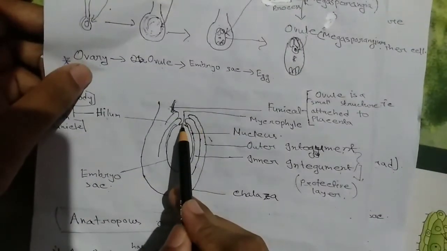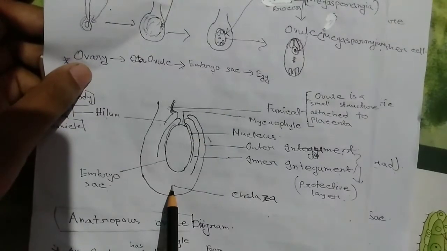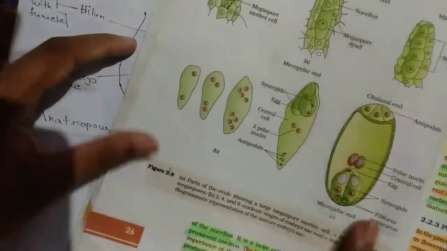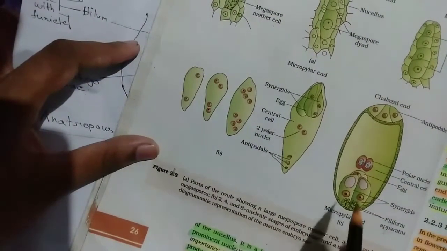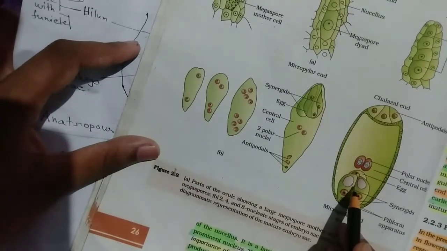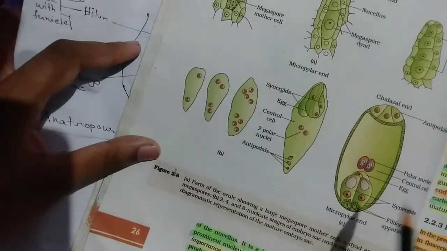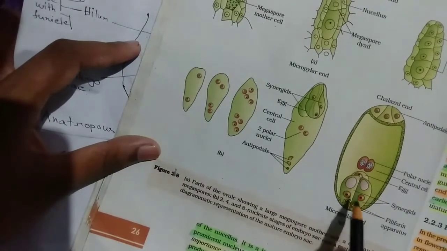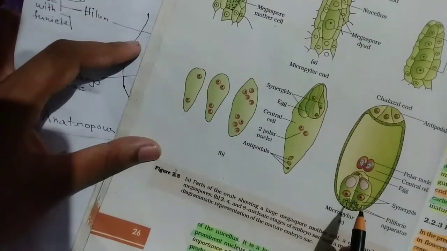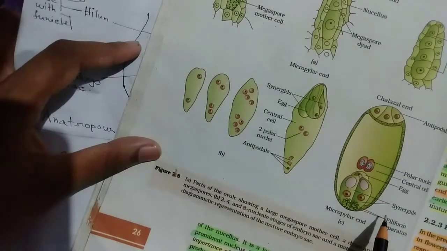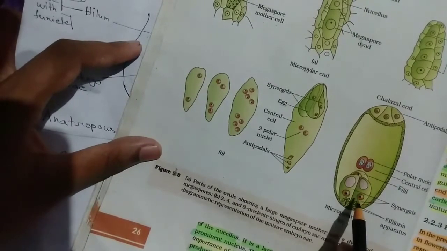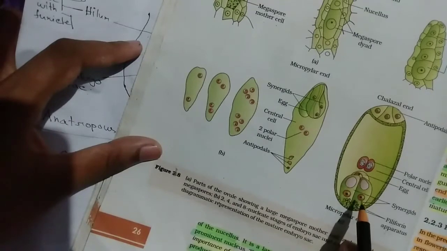This is the micropylar end, this is the chalazal part. At the micropylar end, these 3 cells are present. In these 3 cells, 2 cells are synergids, and 1 cell is the egg, which is bigger in size.